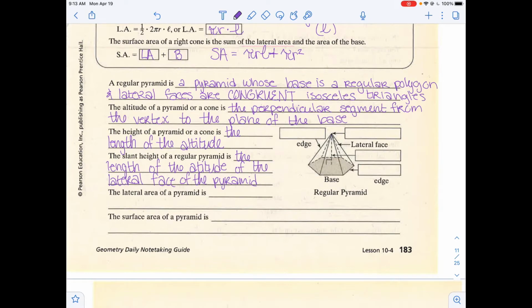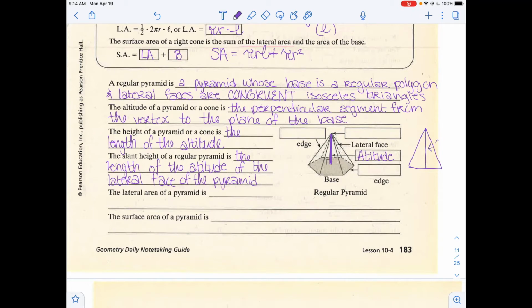So let's look at the difference. Like this segment here, where in the middle it goes from the vertex down to the bottom floor of the pyramid, is the altitude. The slant height is like if we would take one of these triangular faces of the pyramid and draw a line from the top of the triangle to the bottom of the triangle.